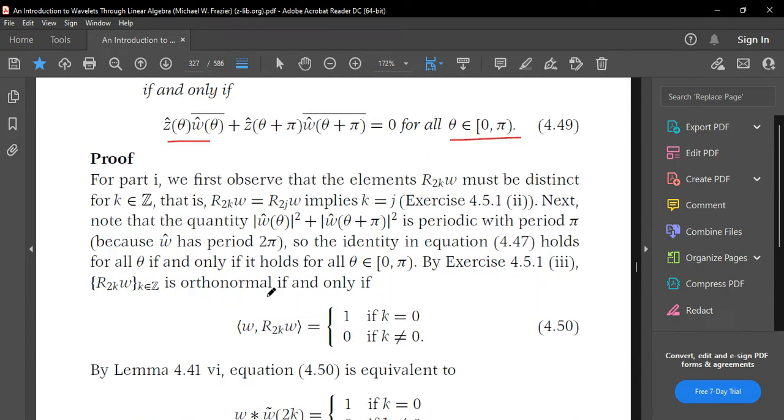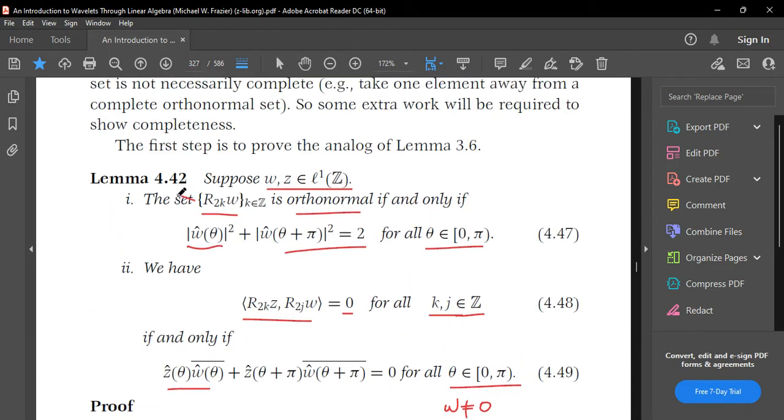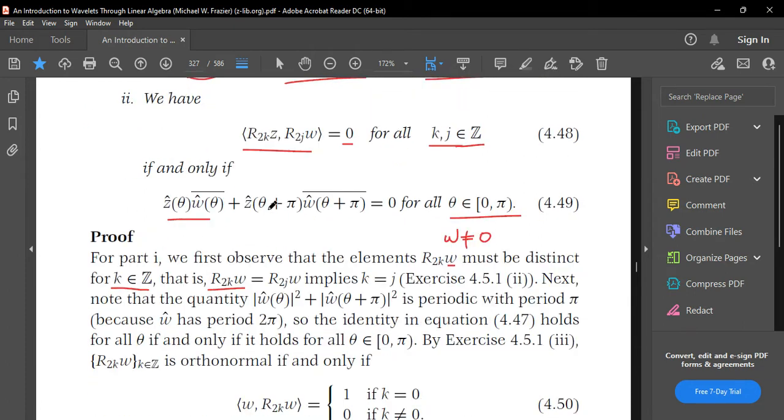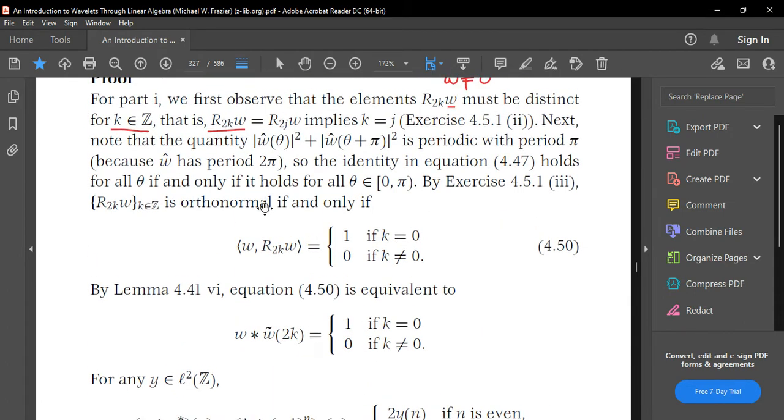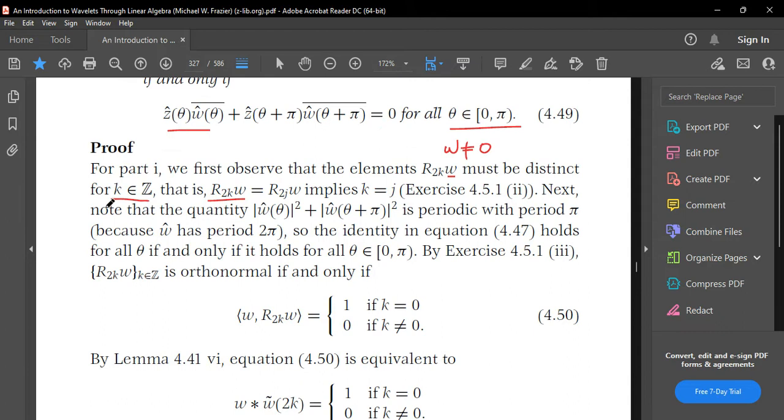For this, take a w which is non-zero, and we construct the elements R2kw, k belonging to Z. We now prove that for distinct k, the elements are also distinct.